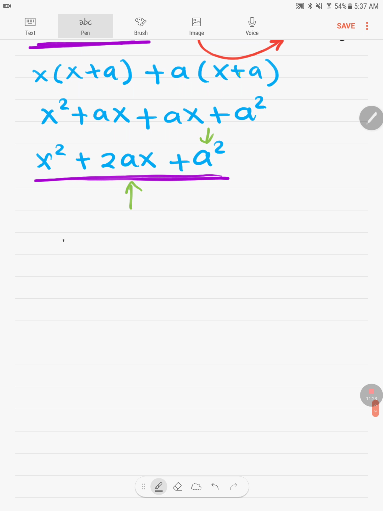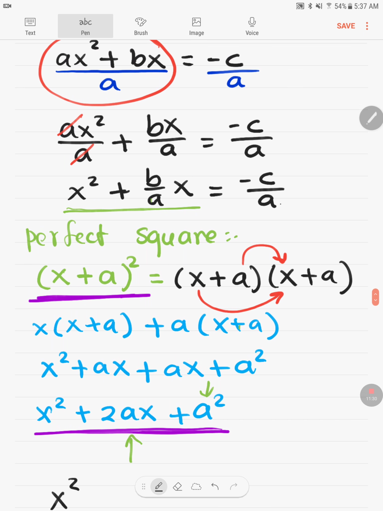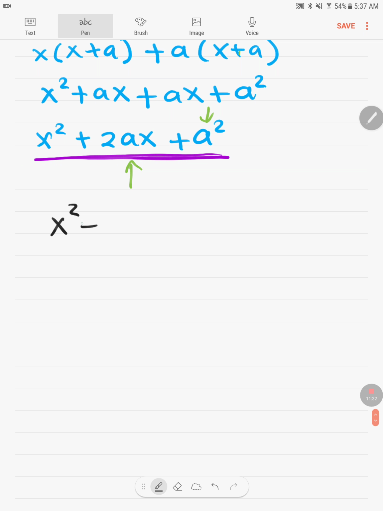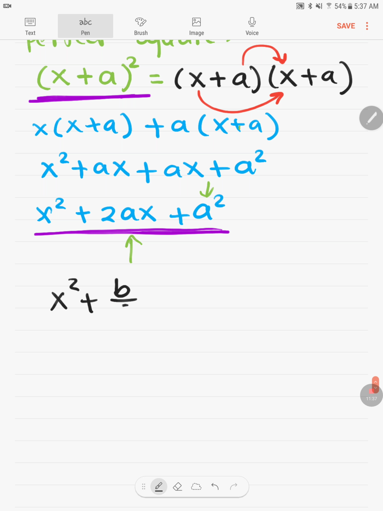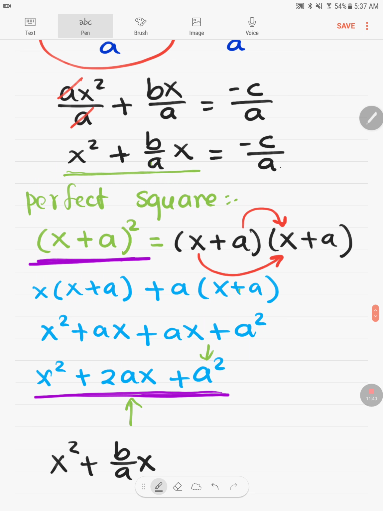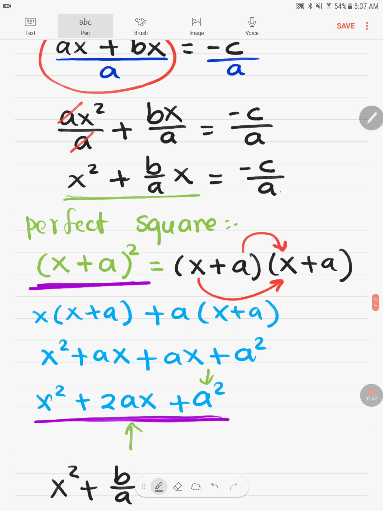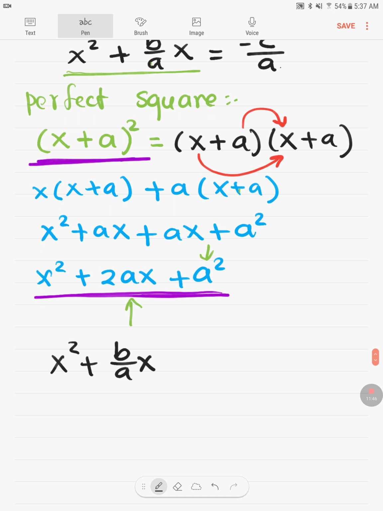So we will start with x squared plus b over a x. Now we need to add the perfect square, which is something similar to that, of that form.